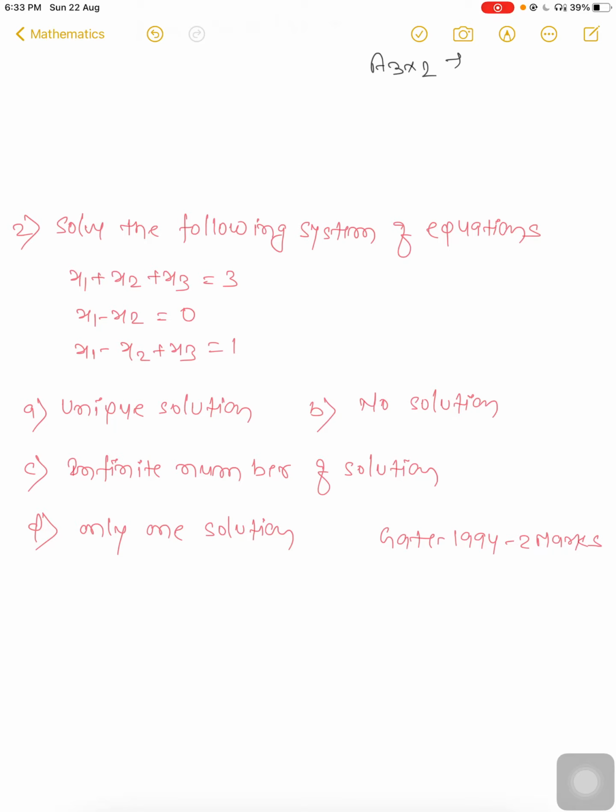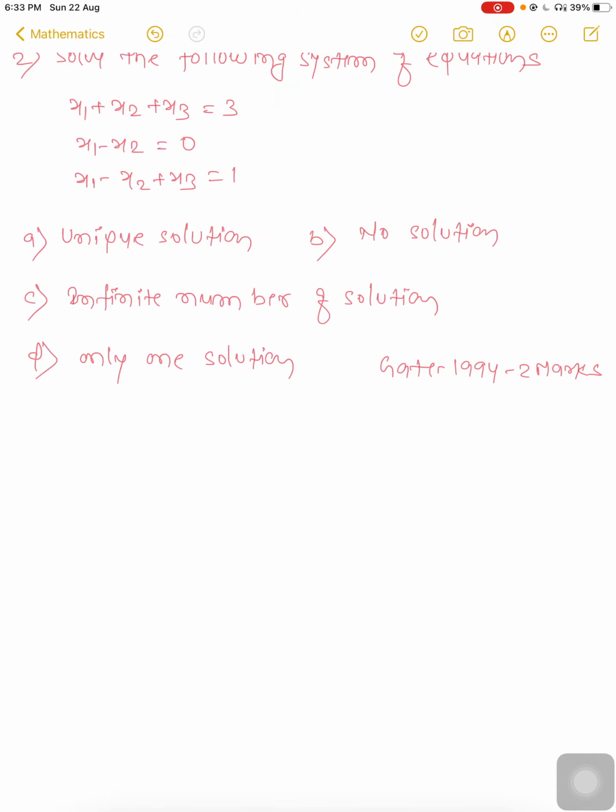Solve the next question. The following system of equations is given: x1 plus x2 plus x3 is equal to 3, x1 minus x2 is equal to 0, x1 minus x2 plus x3 is equal to 3.